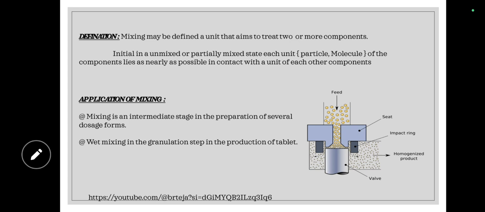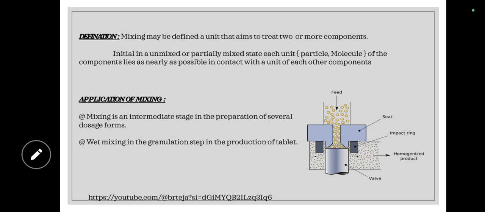Two or more components, it can mixing. This is called mixing and homogenization. Initially, in any unmixed and partially mixed state, each unit particle or molecule of the components lies as nearly as possible in contact with a unit of each of the other components.